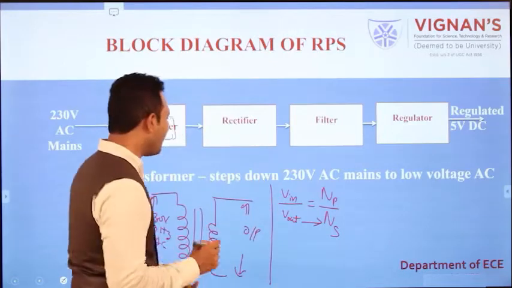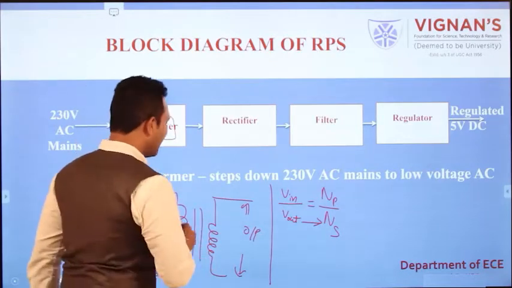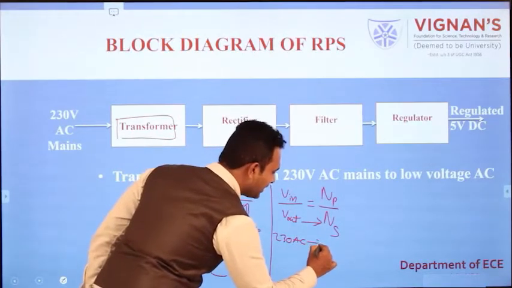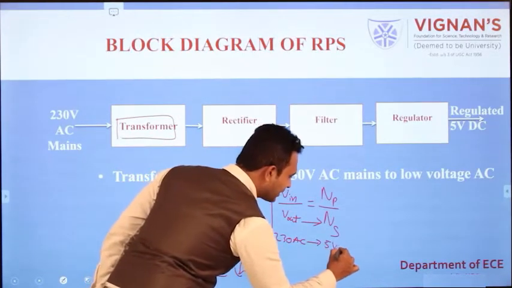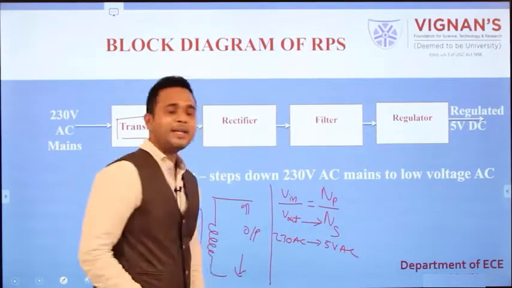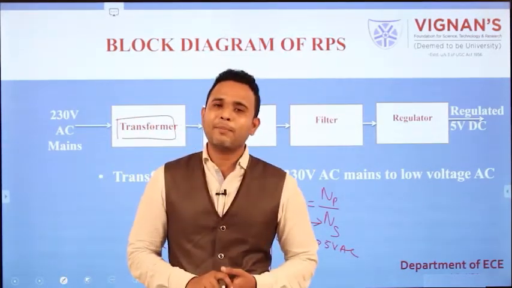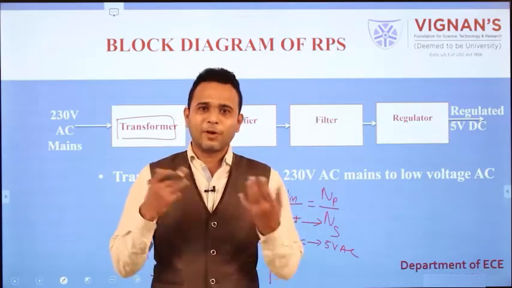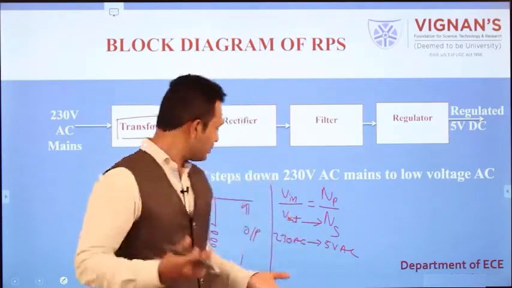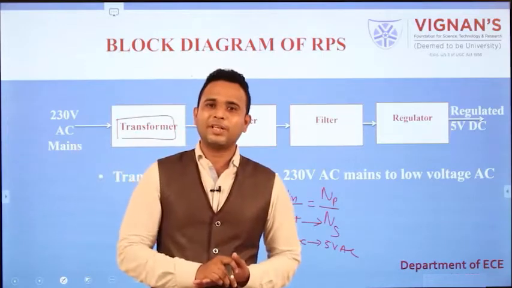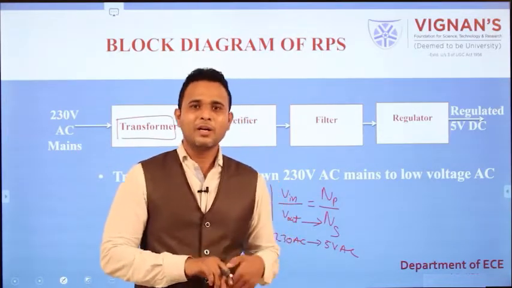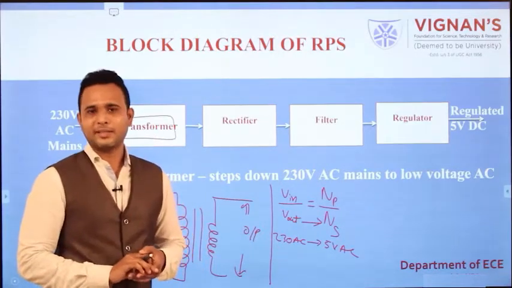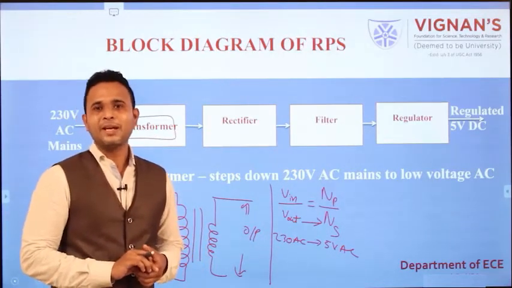How? If I want 5 volts, meaning 230 volts AC is converted into 5 volts AC, then I have to reduce the number of turns at the secondary end. If I want to increase 230 volts to 420 volts, I have to increase the number of turns at the secondary side. This is the basic operation of the transformer.